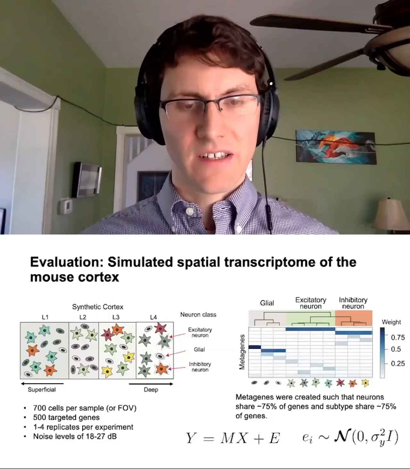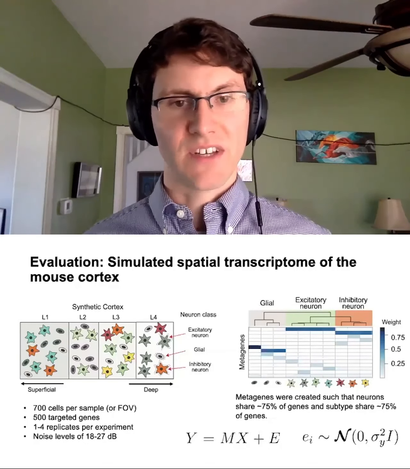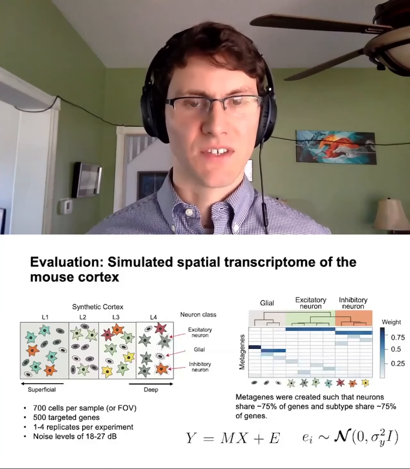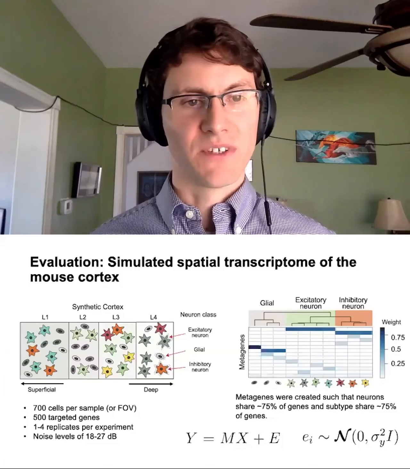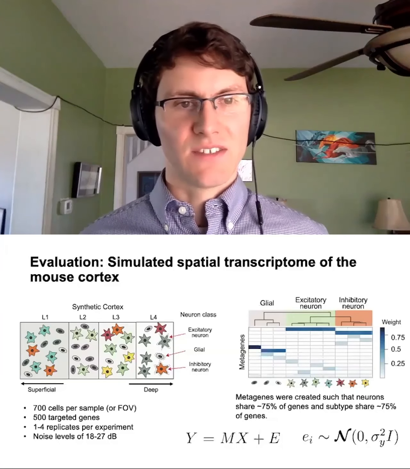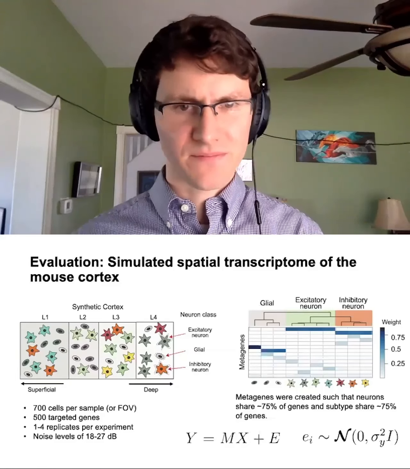And then the observed expression is related to those compositions by the standard NMF formulation, where we added some noise to test the robustness of the method to variation of noise. And we also tried different data sizes to characterize the method's robustness to that as a factor as well.